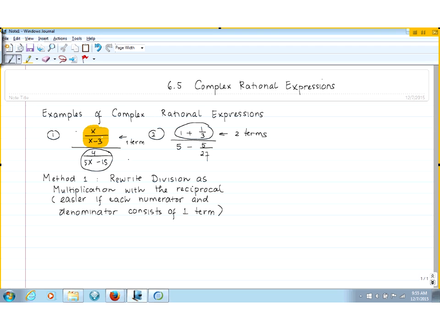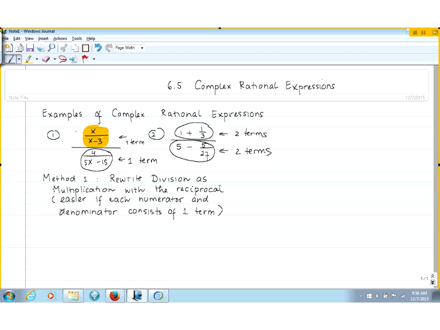So how many terms is this? 1 term. Is everybody clear why this is 1 term and this is 2 terms? Well, because you have 2 different terms separated by a plus or a minus. Look at this. Is this separated? Not really. How about this? Well, I have a minus, but that's on the denominator. But altogether, this is considered 1 term. How about this? How many terms is this? 2 terms.